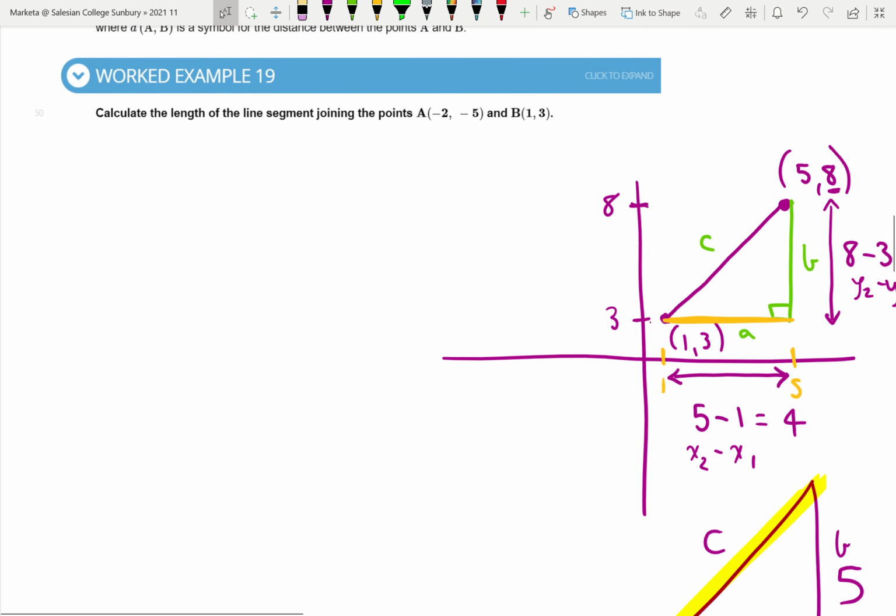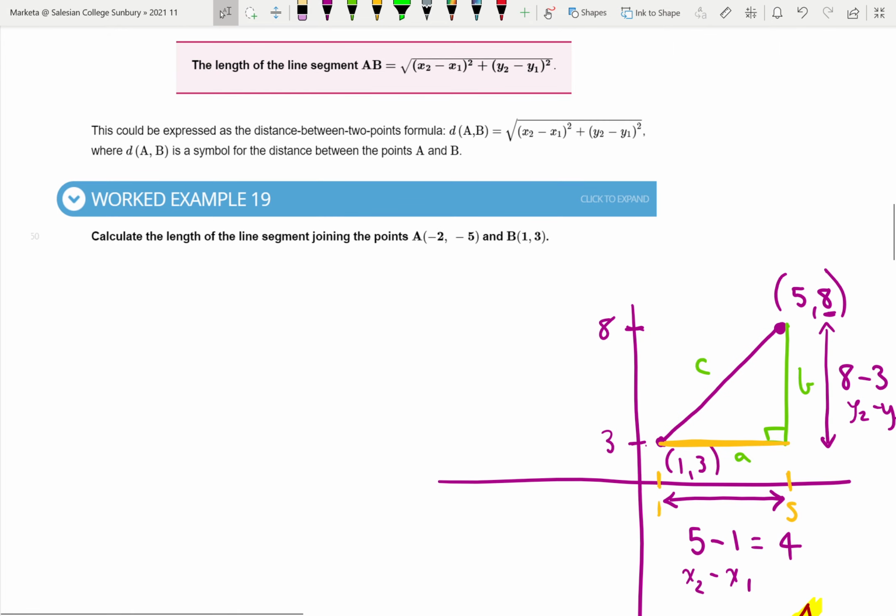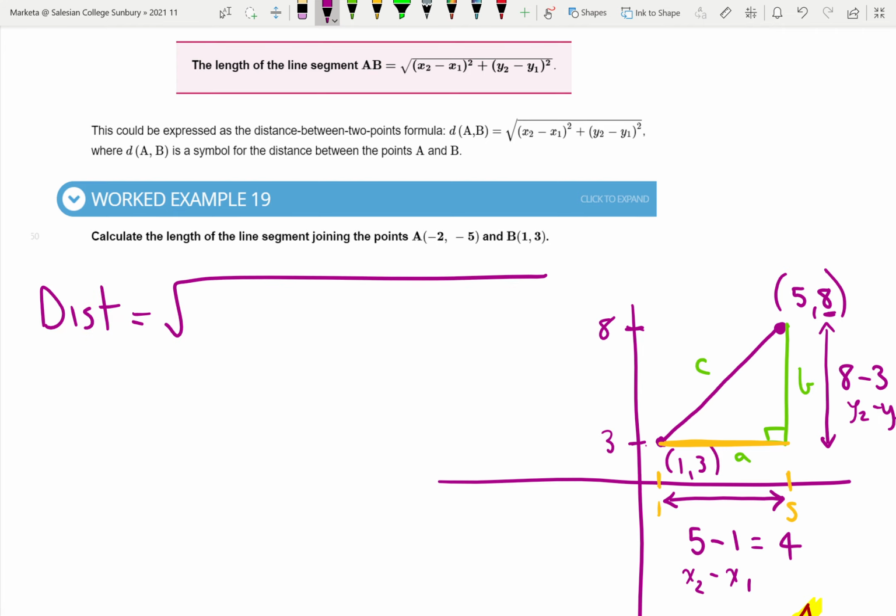So look, let's do this one here. And I'm just going to apply the formula that we derived there. So this is going to be distance equals root, and I'm going to label x1, y1, x2, y2, and it's x2 minus x1, so that's going to be 1 minus minus 2. Note the double negative, squared, plus y2 minus y1, again double negative.